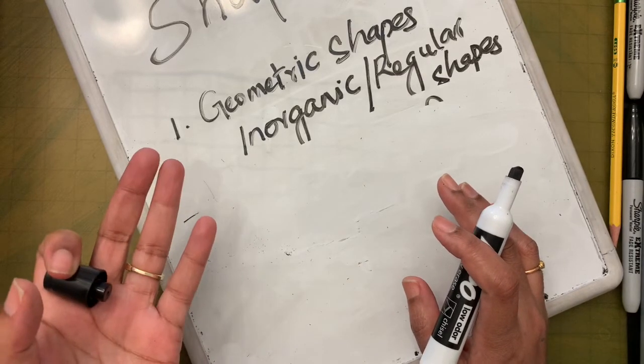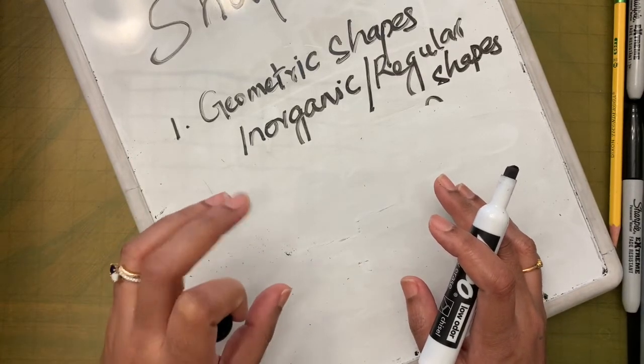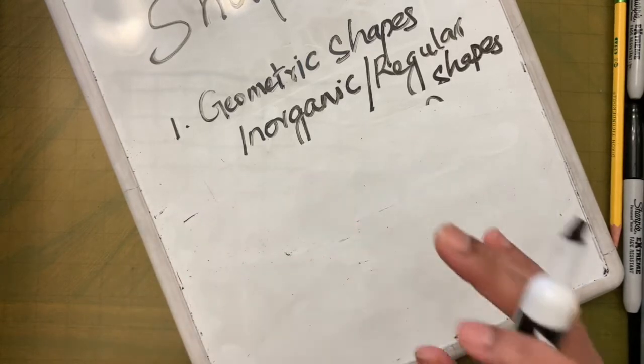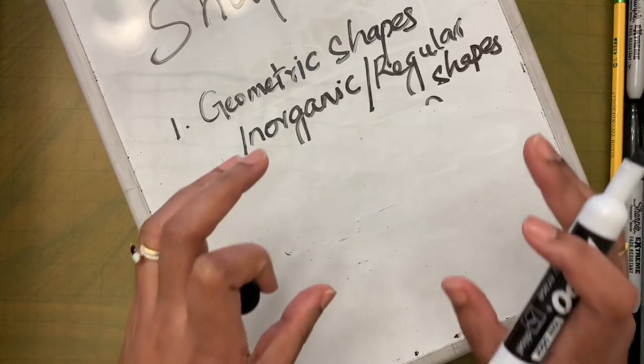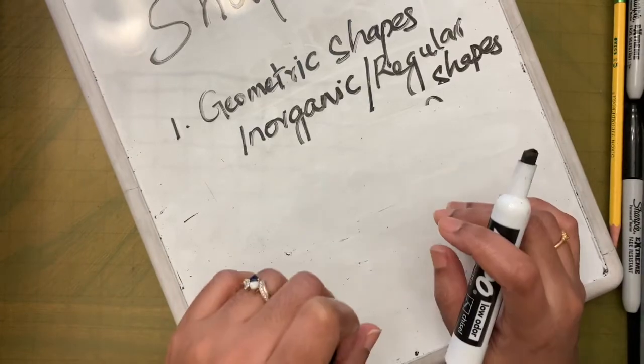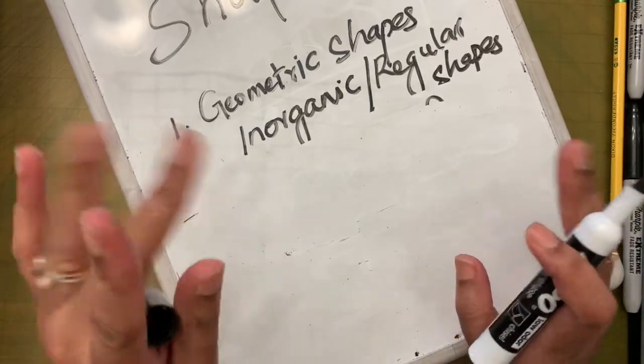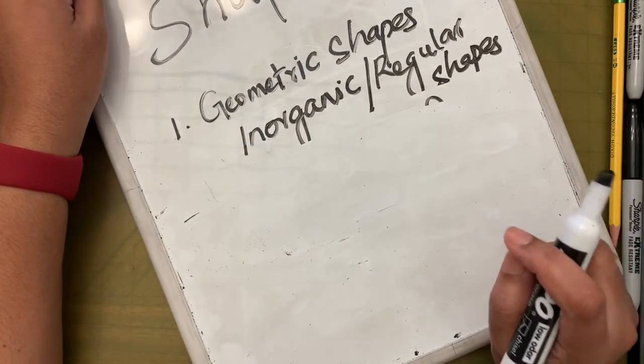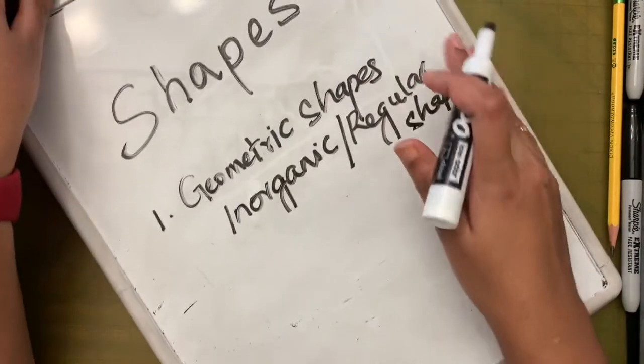Each person may draw a seahorse in a different way. They are not cookie cutter shapes. They're like flowers, butterflies, clouds, things like that. Okay, so these are the two categories.